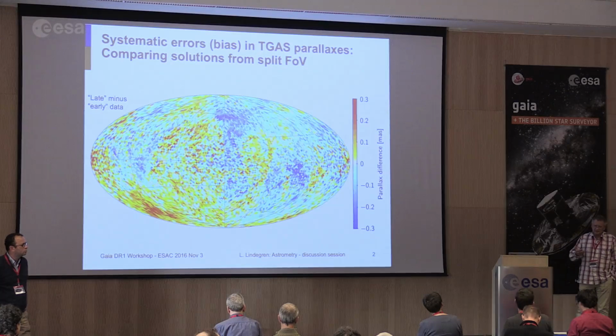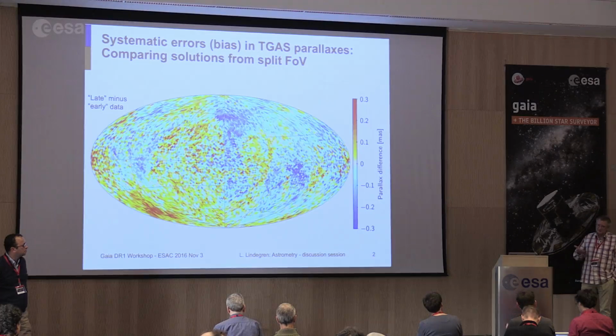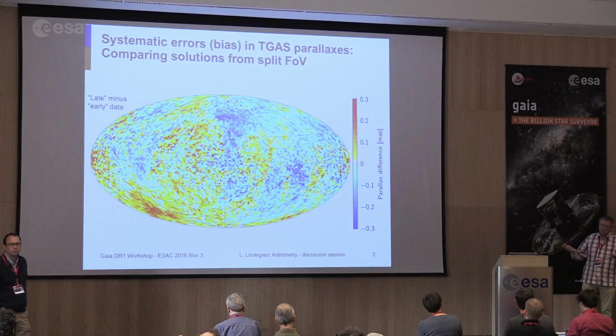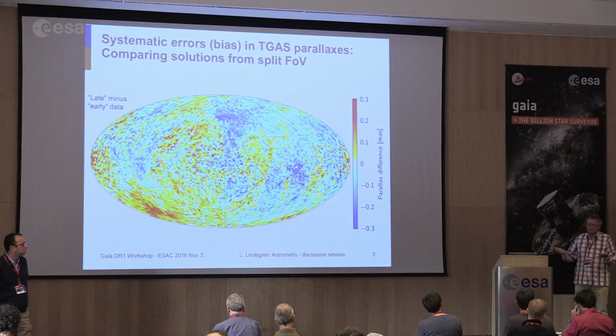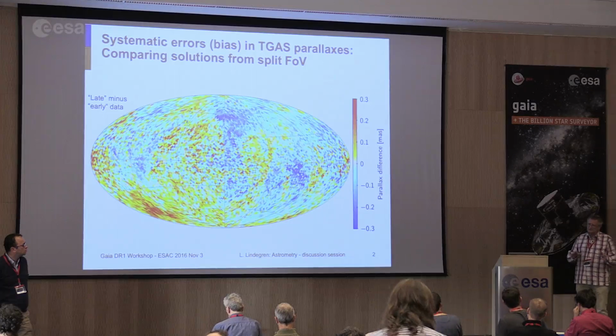When you average parallaxes, you don't decrease the systematic errors. So what that means is that we don't really know what the error is of an average parallax, because it depends on the detailed correlations and so on. We can possibly put an upper limit, if we assume that the systematic error goes to the average, or a lower limit if we assume that it goes to the individual stars.